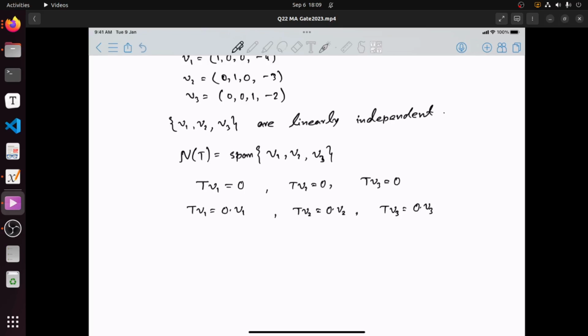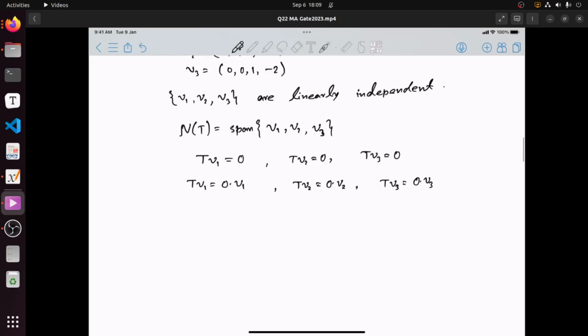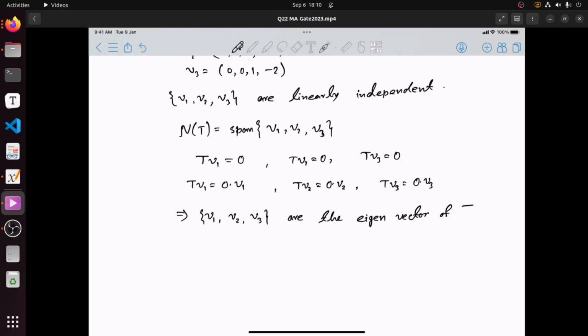And v1, v2, v3 are linearly independent, so they are non-zero vectors, right? So these three equations are telling us that v1, v2, v3 are eigenvectors of T with eigenvalue 0, right?